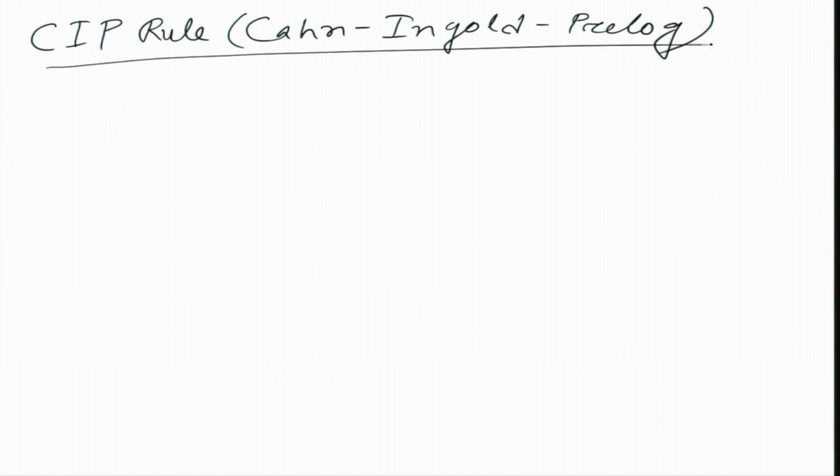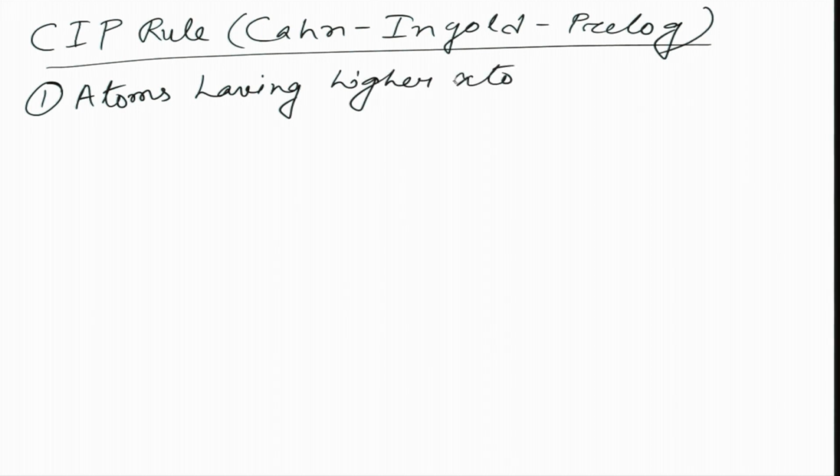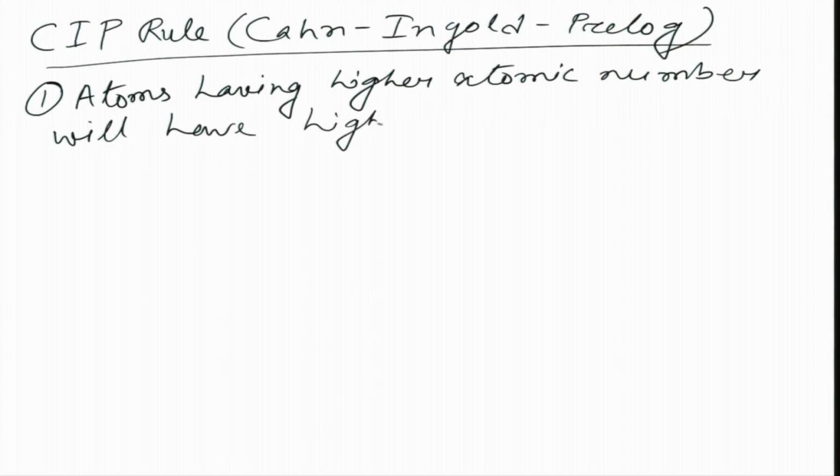This is the rule, CIP rule or Cahn-Ingold-Prelog. So, the CIP rule states that atoms having higher atomic number will have higher priority. So, atoms having higher atomic number will have higher priority.